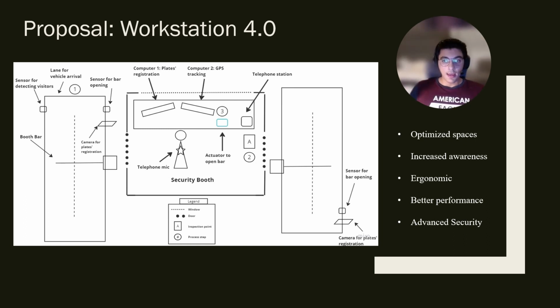So the sensor will help as an actuator for the security guard to notice when someone actually enters the neighborhood. So overall, this will lead to a better performance and it will directly make the security more advanced in the neighborhood, something that benefits the people who live in the neighborhood itself, and it also helps the worker as they can be more active and have a better performance with the use of this advanced technology and tools.